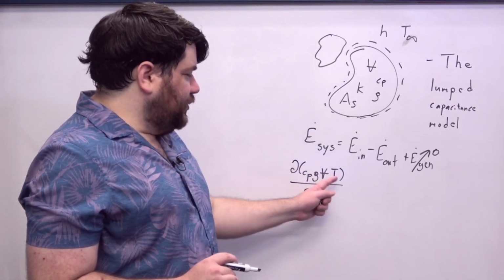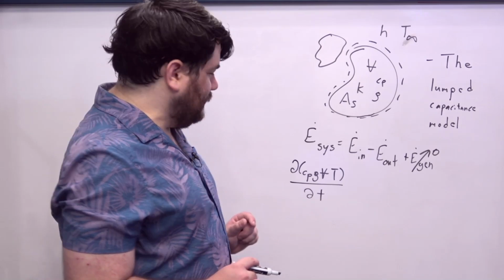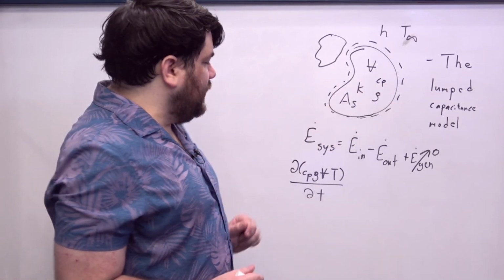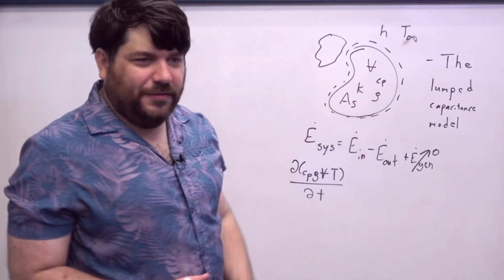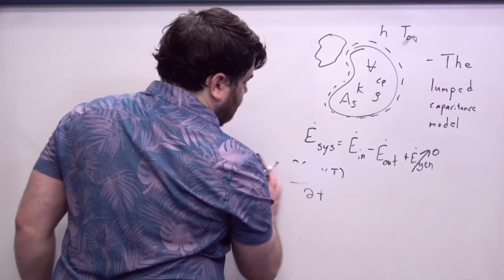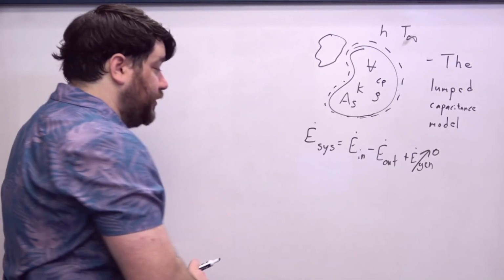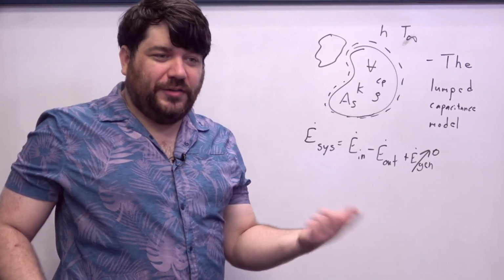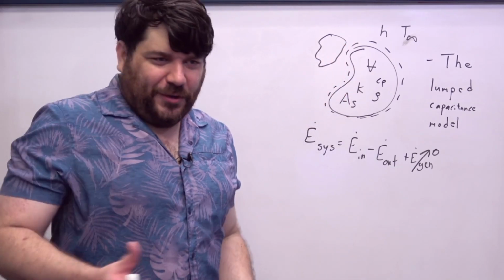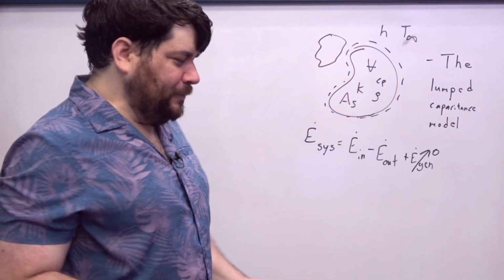It's the rate of change of the thermal energy of the whole thing over time. Now, if we assume that the specific heat capacity and the density and the volume don't change over time, then this simplifies considerably. We're also going to assume, by the way, that there are no changes in temperature inside of the system over space, which is what the whole Biot number being smaller than 0.1 is.